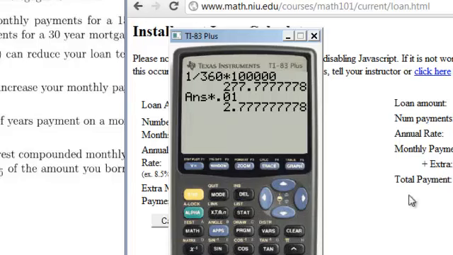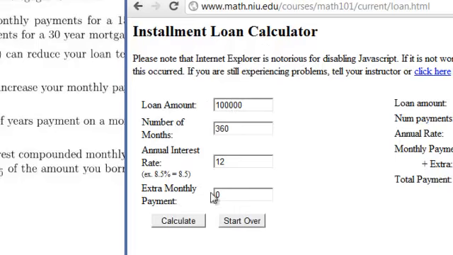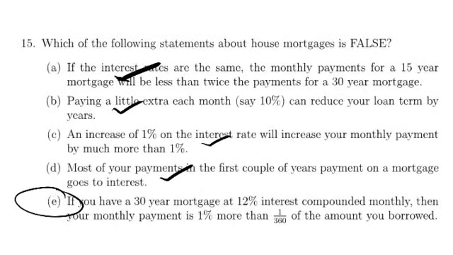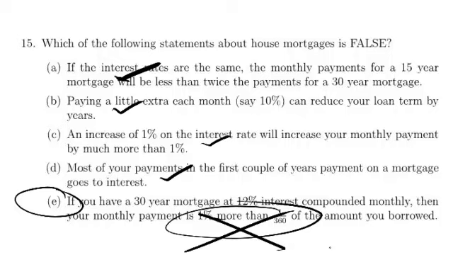Your monthly payment was definitely more than $280. So yeah, that's definitely not true.